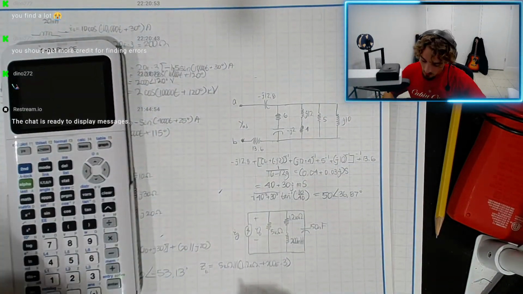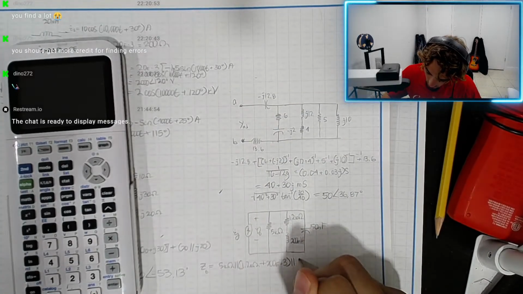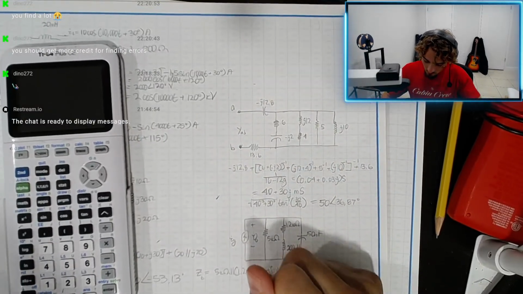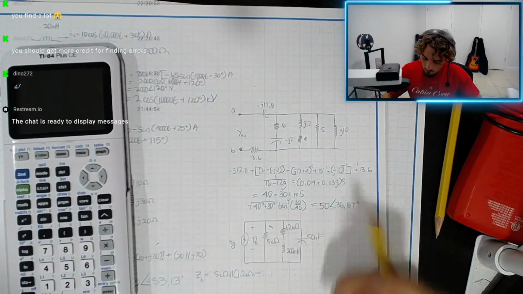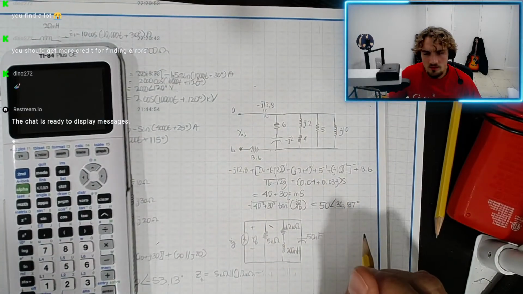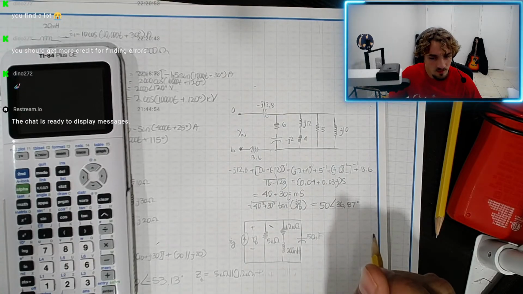Alright, figuring out the total impedance. But I'm missing that, yeah. But that's the thing, that depends on the frequency. It wants us to solve for the radians per second.